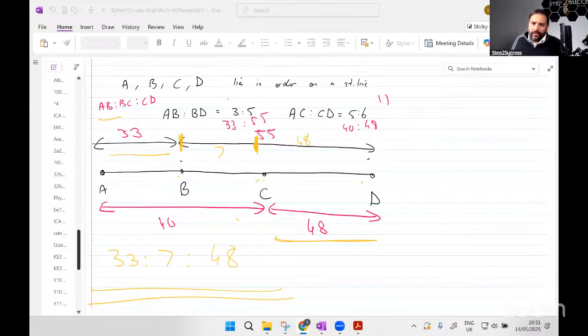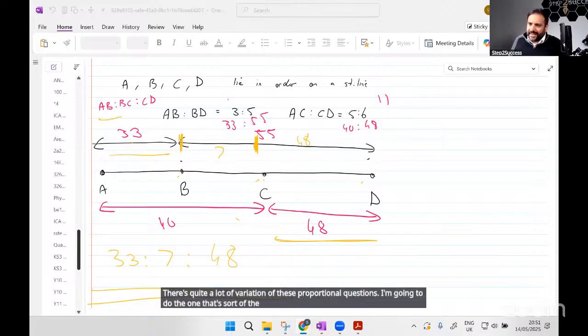Okay, there's quite a lot of variation of these proportional questions. I'm going to do the classic question where you have to work out this K business.